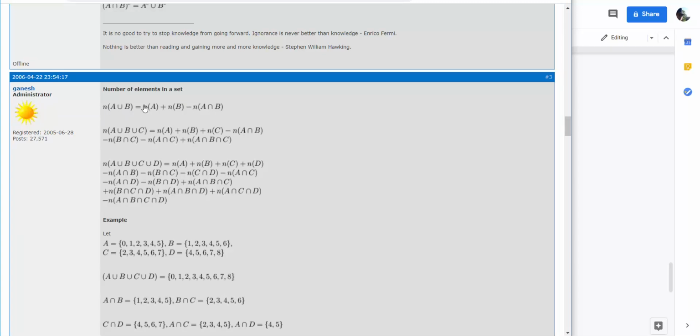Now, this gets a bit complicated when you add another set to the mix. Instead of working with two sets, let's say you're working with three sets.